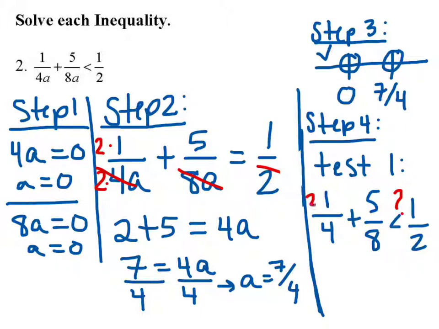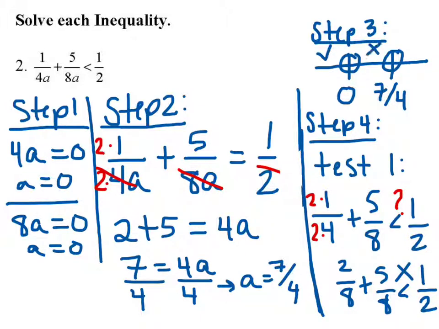So again, let's convert this first fraction such that it has a denominator of an 8. And then we have 2/8 plus 5/8. Is it true that 7/8 is less than 1/2? Certainly not. Since this is not true, the values that lie between 0 and 7/4 will not satisfy my original inequality. Now we've got one more region to test.